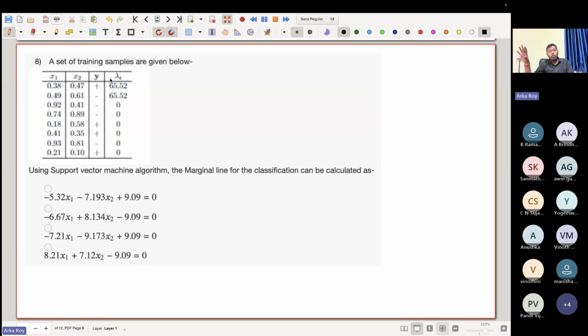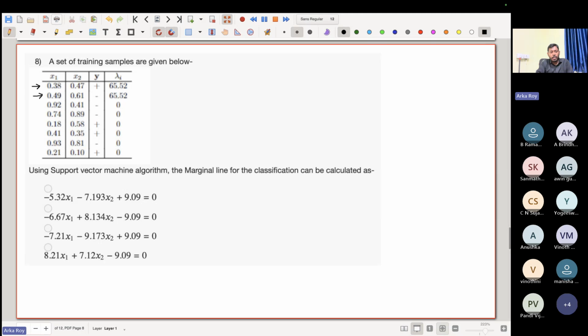If you have a non-zero Lagrangian multiplier, you can state that those points are the support vectors. So in our case, we have got a support vector here because you can see that your Lagrangian multiplier lambda i is a non-zero value, and it belongs to a positive class.